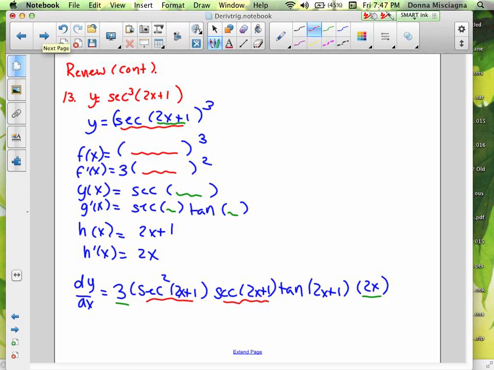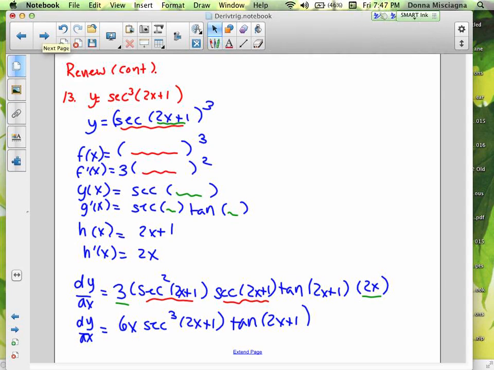Square times one more is a cube. So our final answer is 6x secant cubed (2x plus 1) tangent (2x plus 1). And there we go. So definitely the derivative is a little more involved than the original function is, but if you want to know the slope of your tangent line, you'll need to find the derivative.